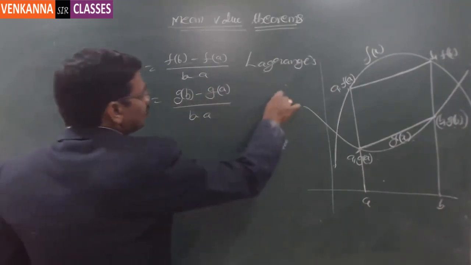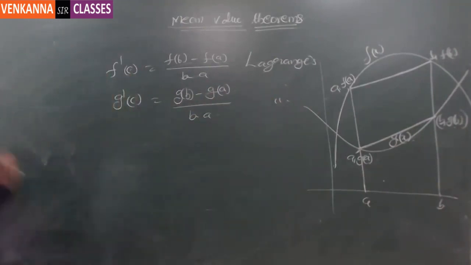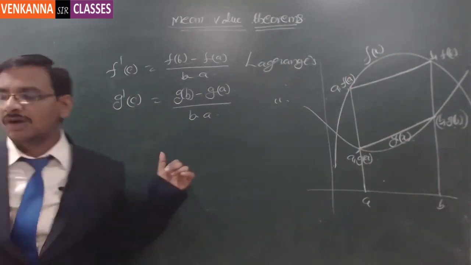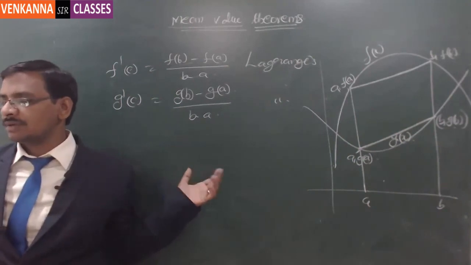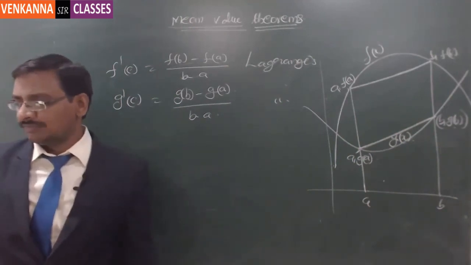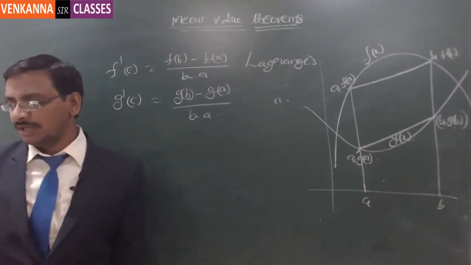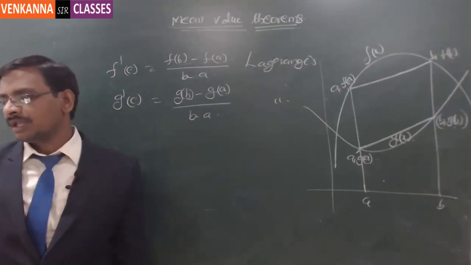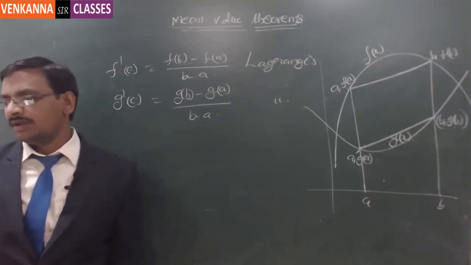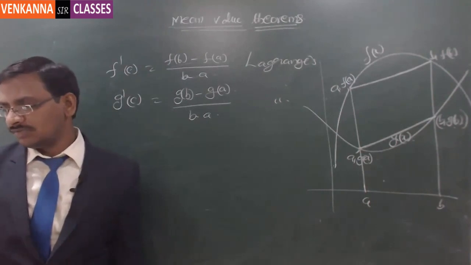This is also Lagrange's mean value theorem for the function g. Now the conditions are that both f of x and g of x should be continuous in the closed interval a comma b and differentiable in the open interval a comma b, and f of a is not equal to f of b and g of b is not equal to g of a.